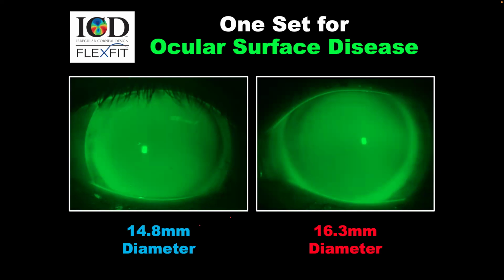So again, you can manage a severe dry eye with a 14.8, but if we have Stevens-Johnson or Sjogren, a more precise problem, then we will want to cover as much area as we can. So a 16.3 diameter can work really well with those, or just go above to a 17 diameter.